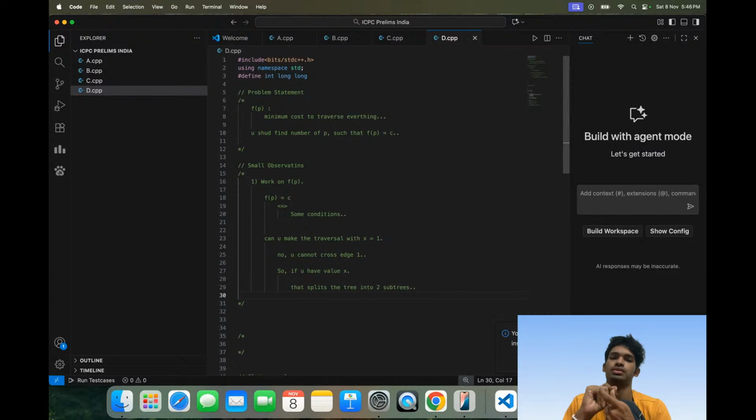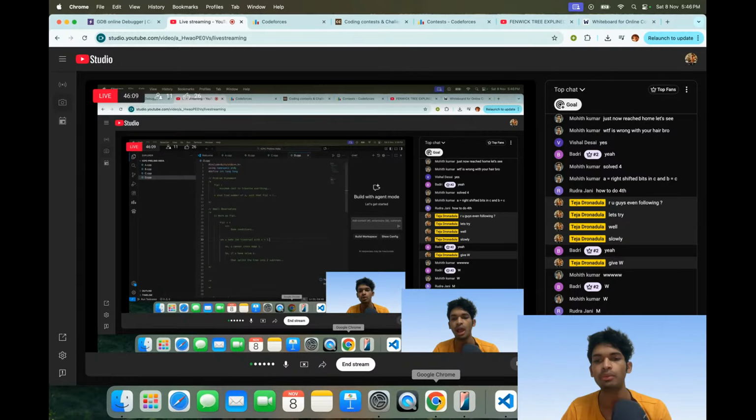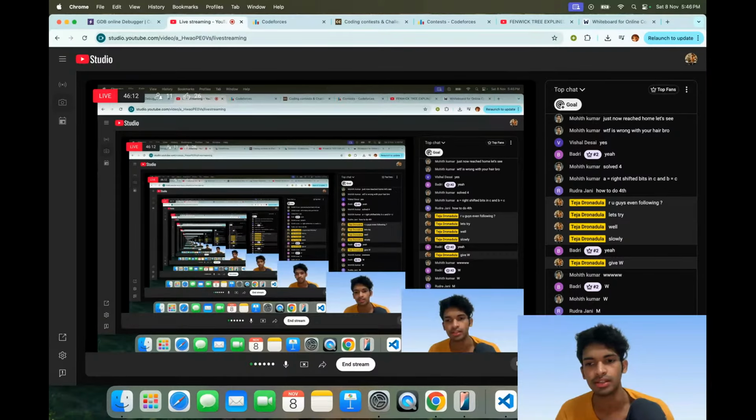So you must do x plus 1 if you're at x to go to this subtree. With x equal to 1 itself, all of them are touched, and now you need not touch them again. Now you only have to go from here to here. So you have to see the problem well.